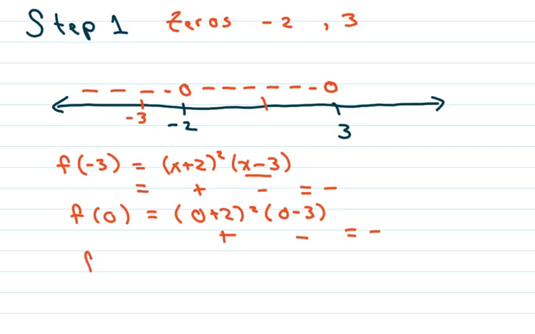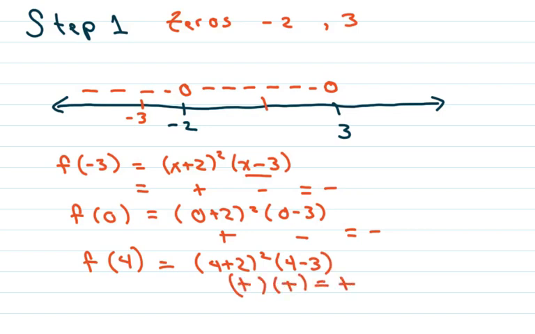And at 3, we don't want to try 3, let's try 4. That's a 0, so let's try 4. You plug in 4. That's going to be a positive times a positive. That gives you positive. Okay, so we have positive.